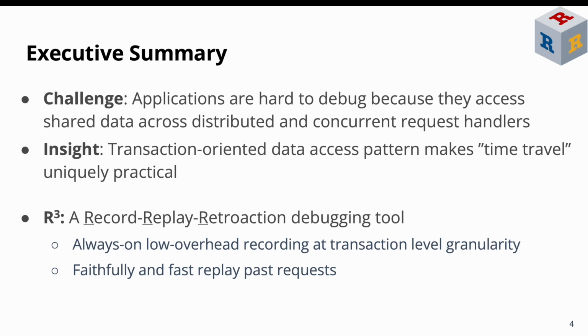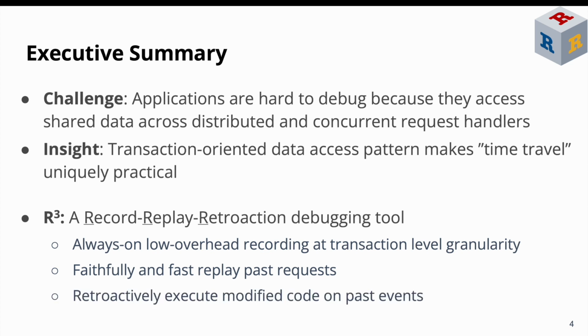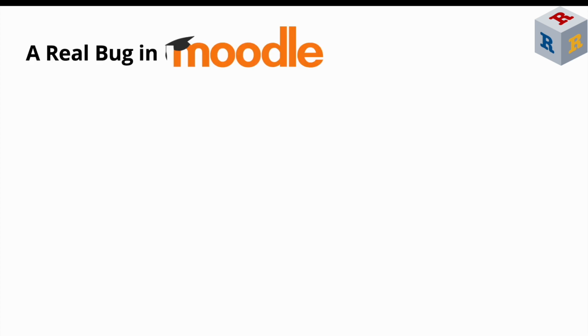It also allows developers to modify their code and retroactively test their modified code on past events. Most importantly, R-Cubed has bolt-on support for most production databases, so we can use R-Cubed without modifying databases or application logic.